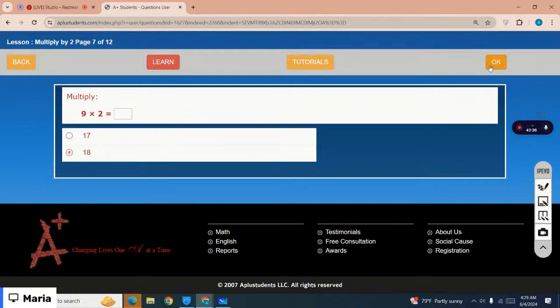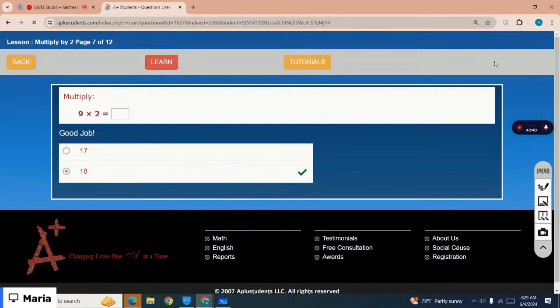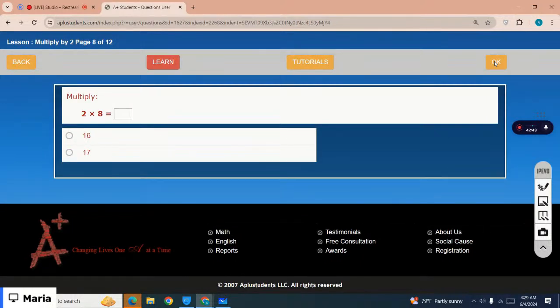The correct option is 18. 2 times 8 is 16. The correct option is 16.